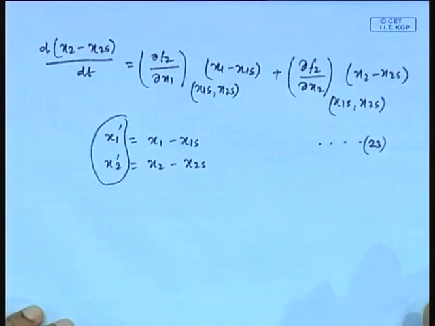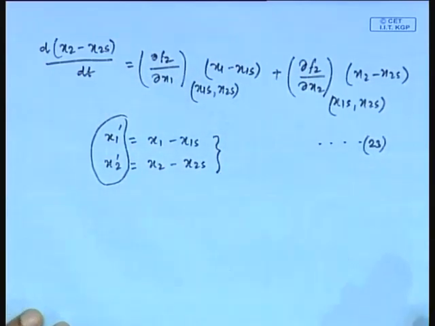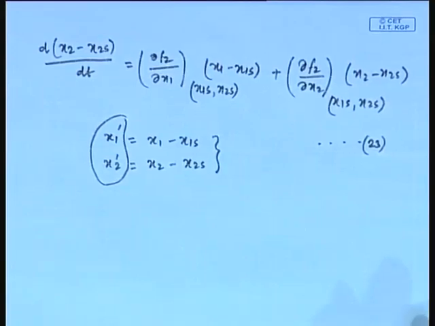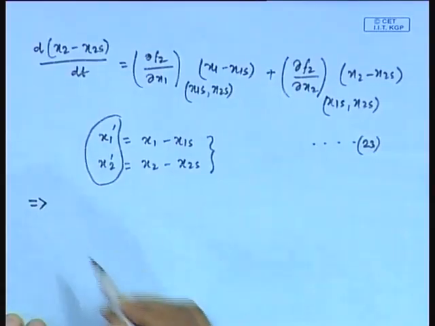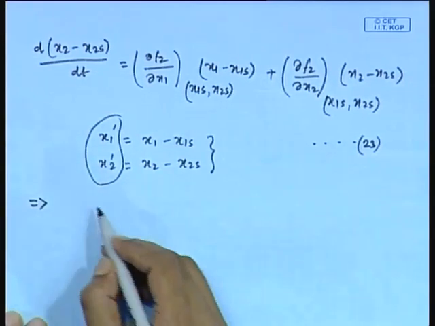Now, if we substitute these two deviation variable expressions in equations 22 and 23, what will be the equations in terms of deviation variables? That we need to find next. We will just represent equations 22 and 23 in terms of x1 prime and x2 prime.